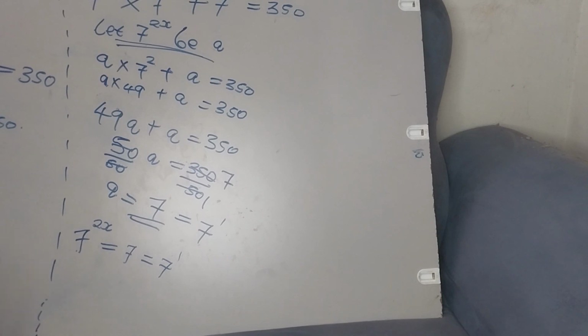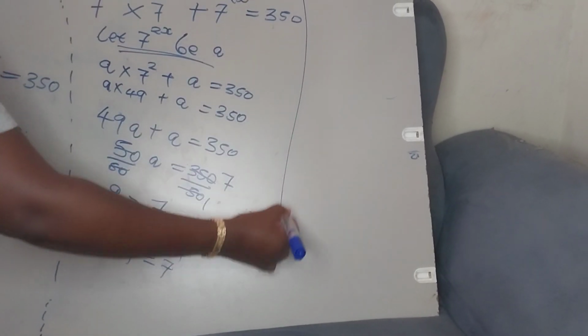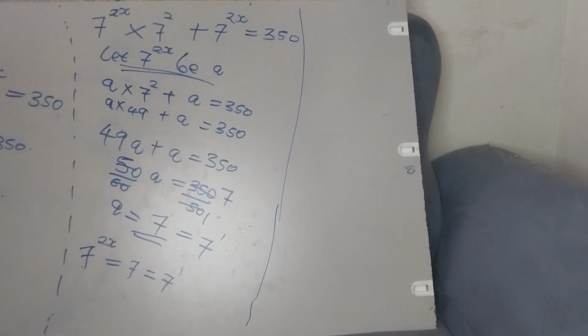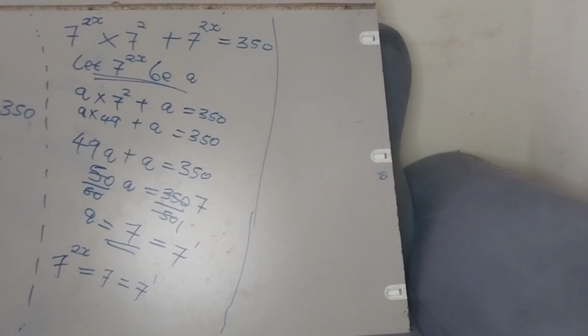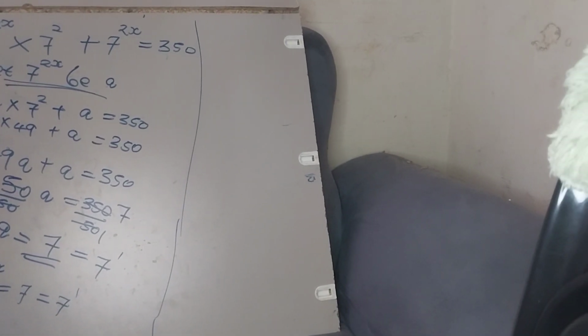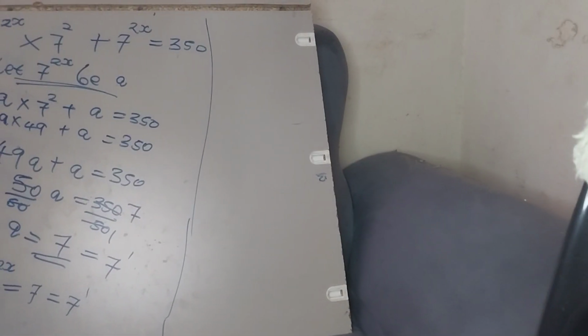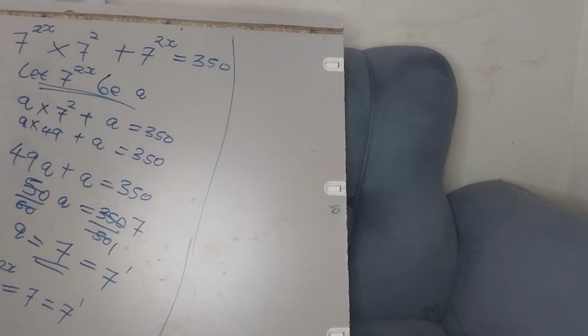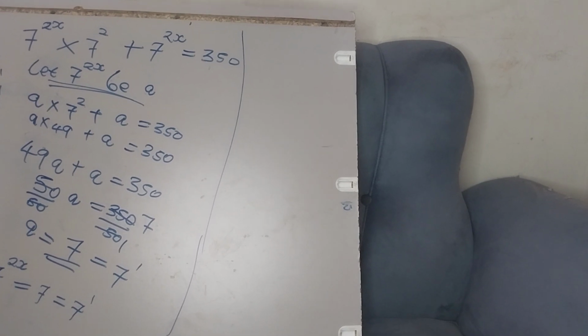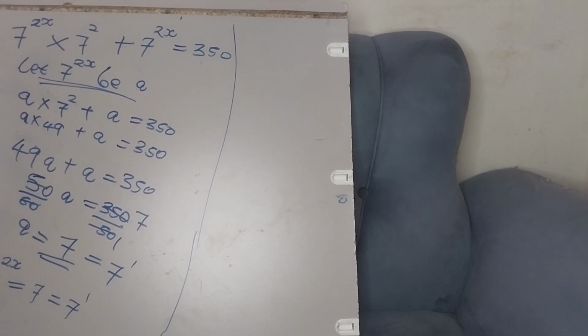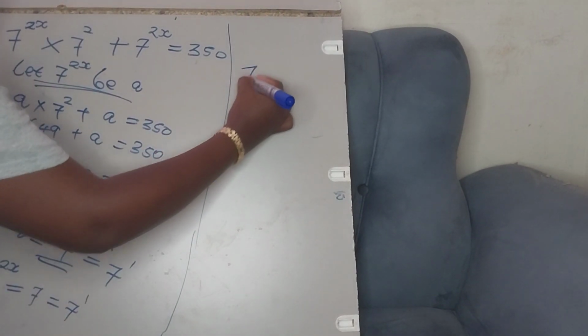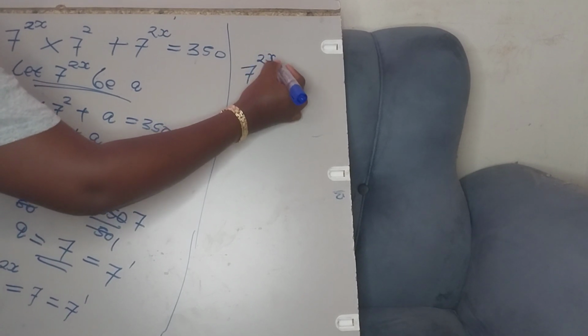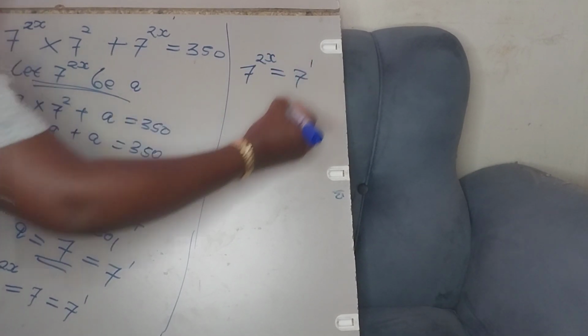This means we have 7 to power 2x equals 7 to power 1.